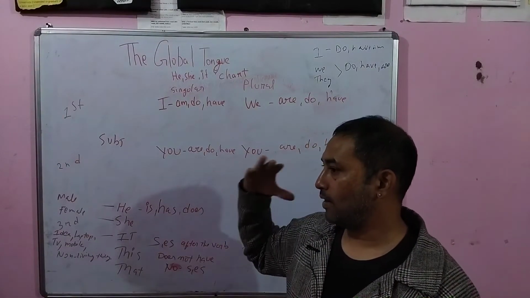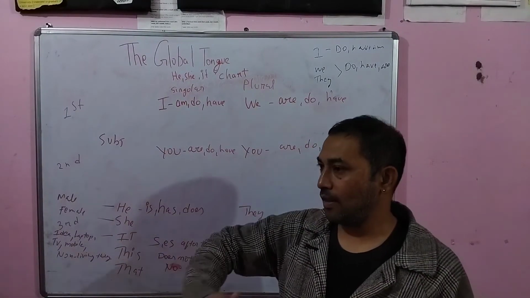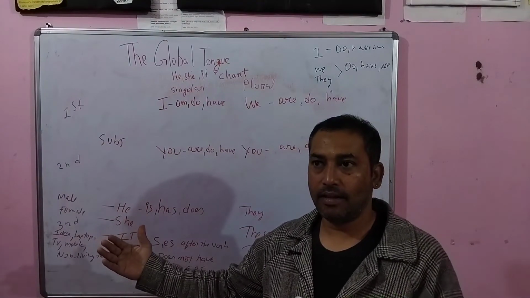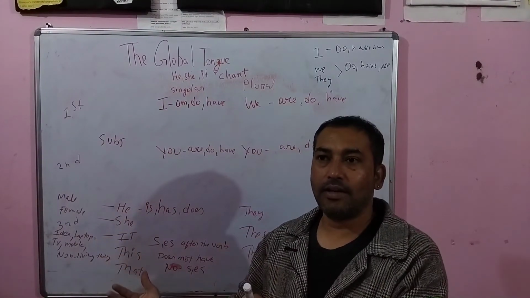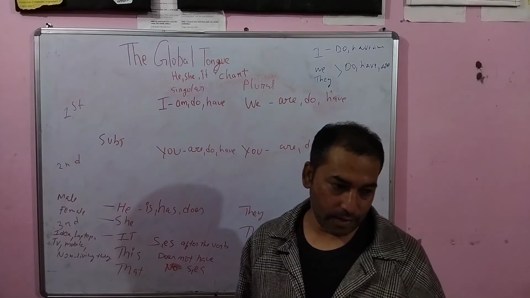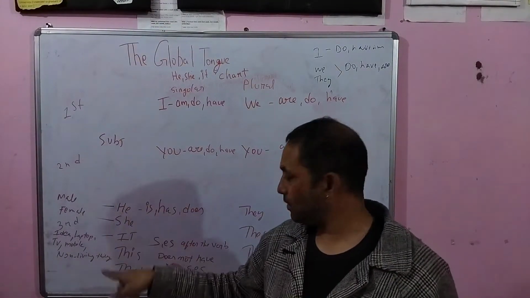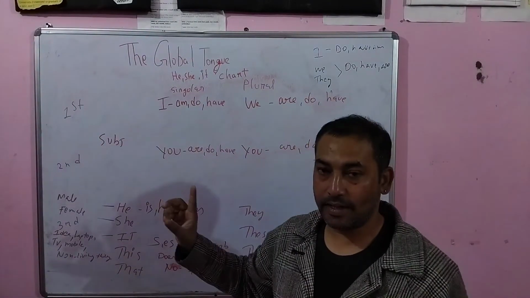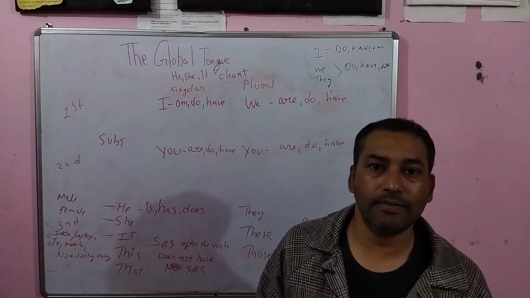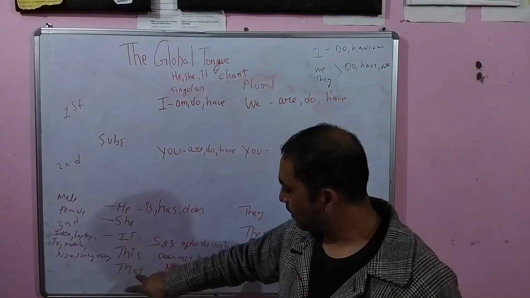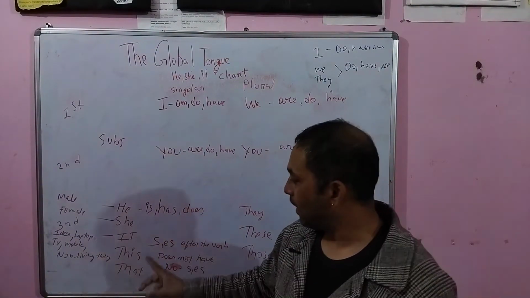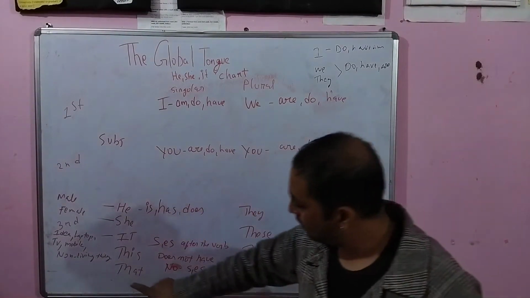Or let's say, hotel does not have any rooms available. That hotel does not have any room available. So that is singular. And let's say we have two hotels.